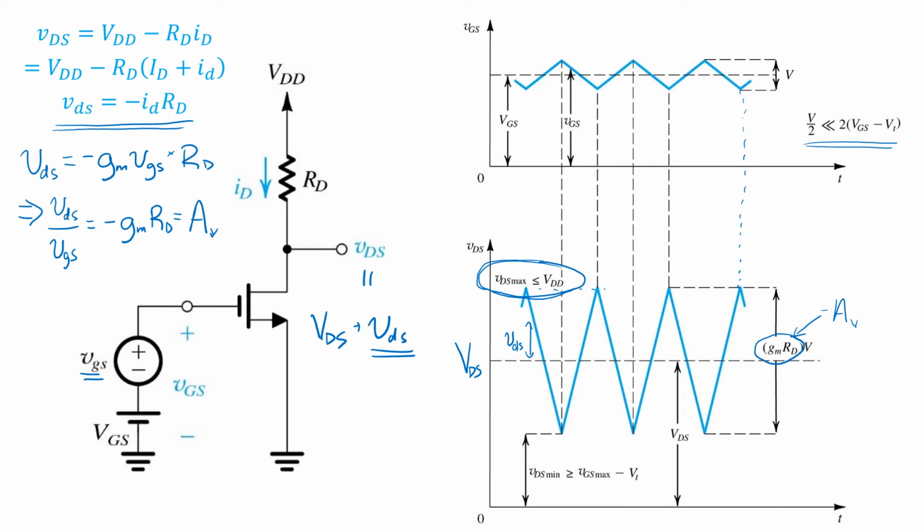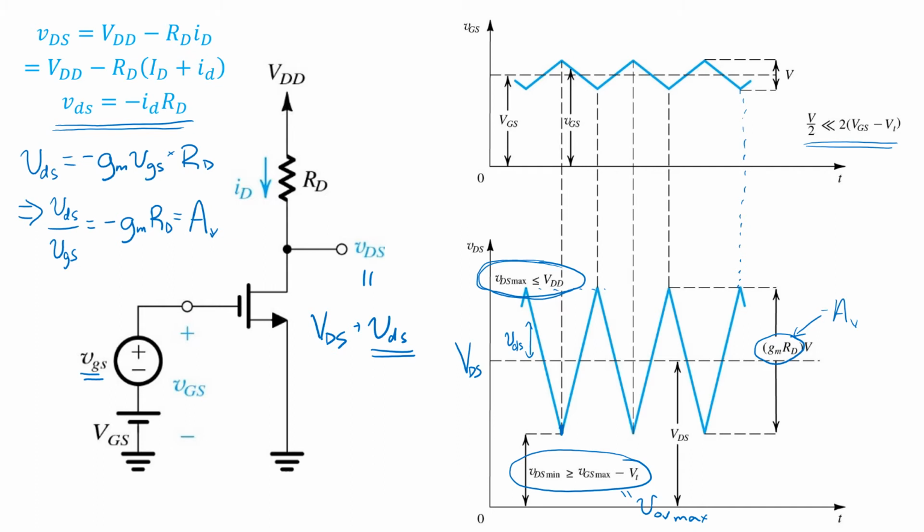The third assumption is that the lowest VDS goes, VDS min, remains at least above the overdrive voltage of the MOSFET. So this term here, VGS max minus VT, is actually the overdrive voltage evaluated at this point in time when VDS is at its minimum.